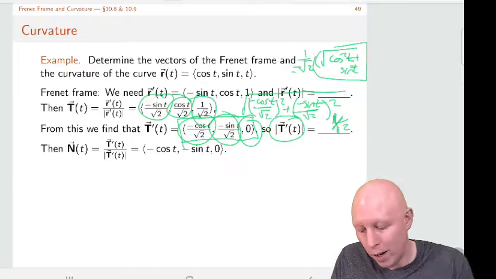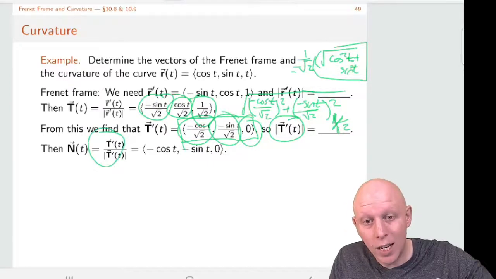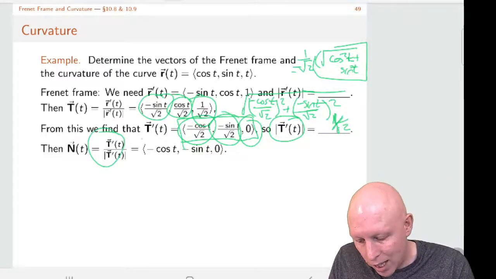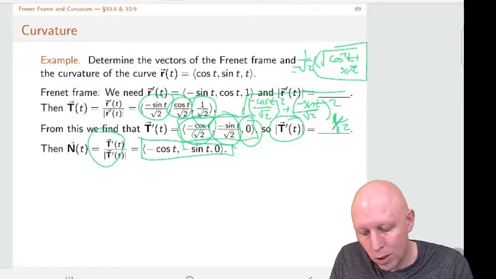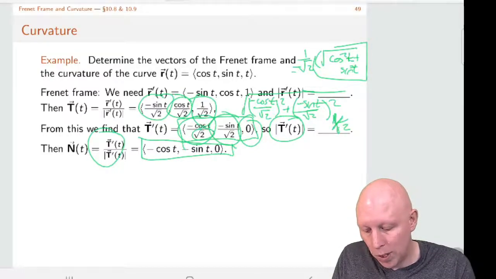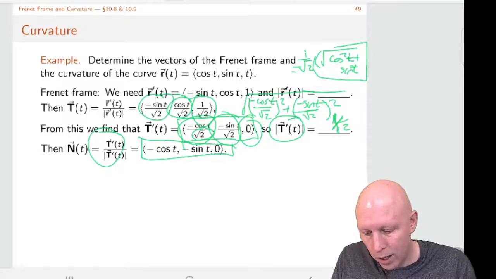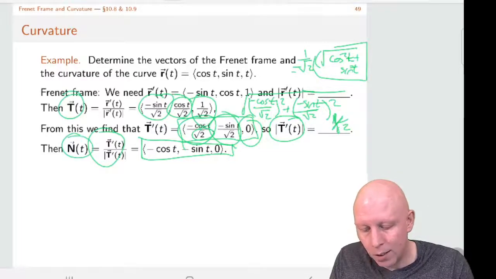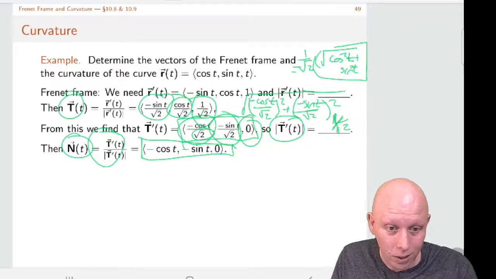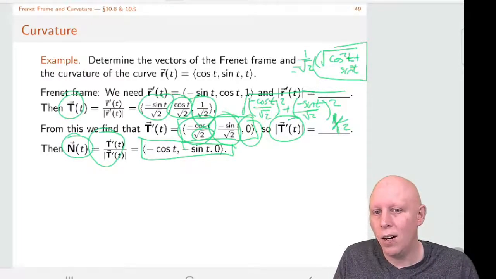And now we have to take our unit tangent vector and divide by that, and that's going to cancel out the 1 over root 2 that's in each of them. So we get negative cosine of t, negative sine of t, comma 0. So these two vectors, the unit tangent vector and the unit normal vector, are here.